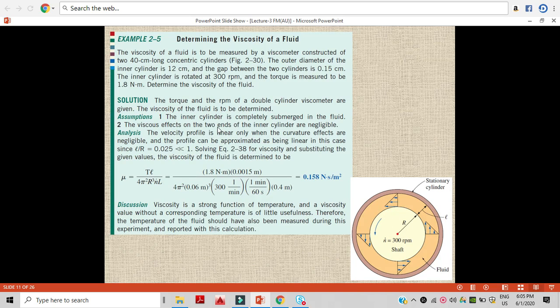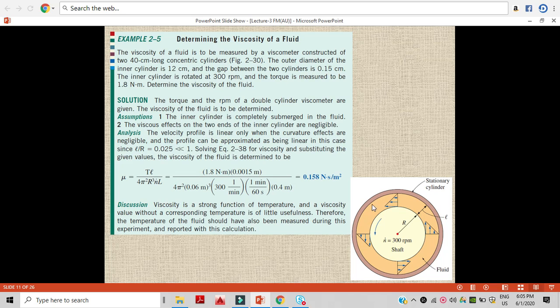Here, the viscosity of a fluid is to be measured by a viscometer constructed of a 40 centimeter long concentric cylinder. The outer diameter of the inner cylinder is 12 centimeter, and the gap between the two cylinders is 0.15 centimeter.